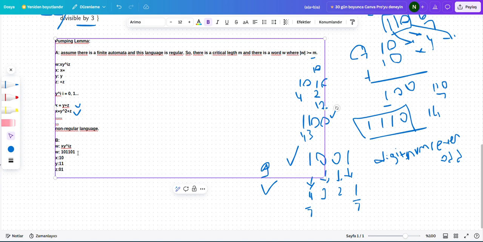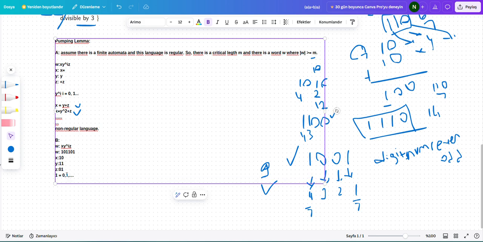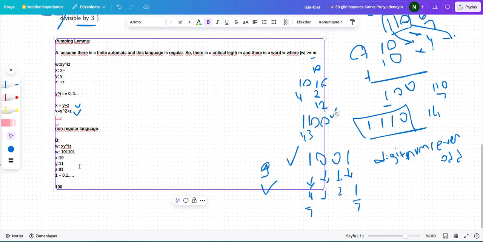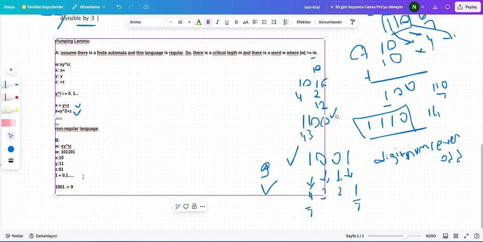At this point, for i equal to 0 or 1 or more: firstly, for i equal to 0 it becomes 1001, and this is, as we already checked, 9.